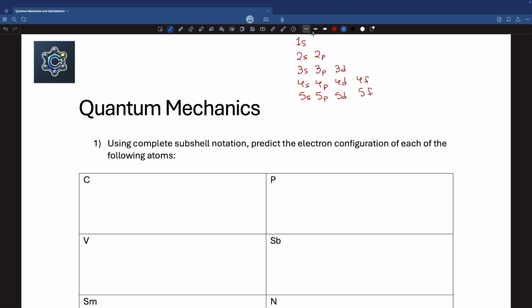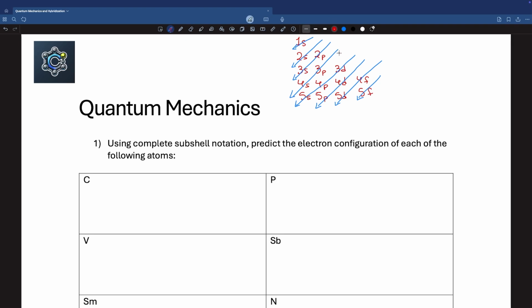And we'll make lines going through them, something like this, going diagonally. And this will show our order of orbitals. So draw some arrows on the ends of these lines, and we'll keep referring to this chart.